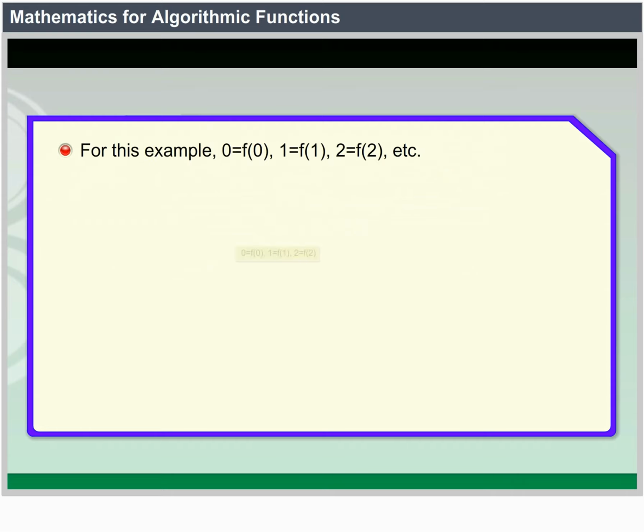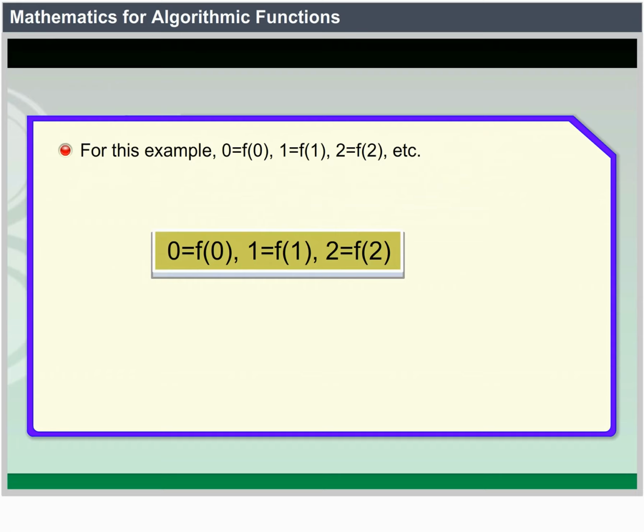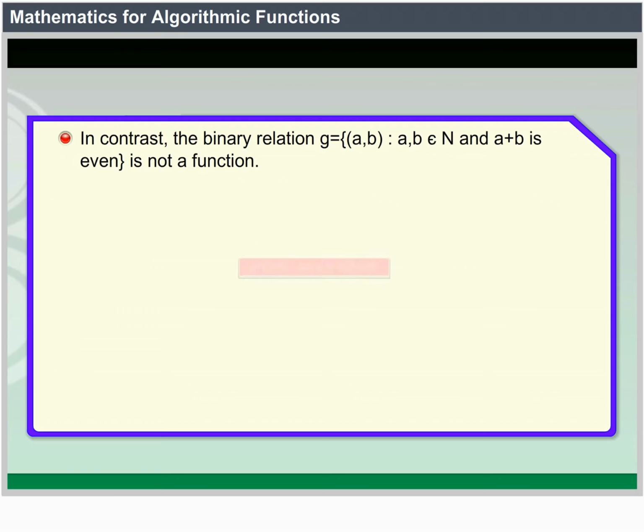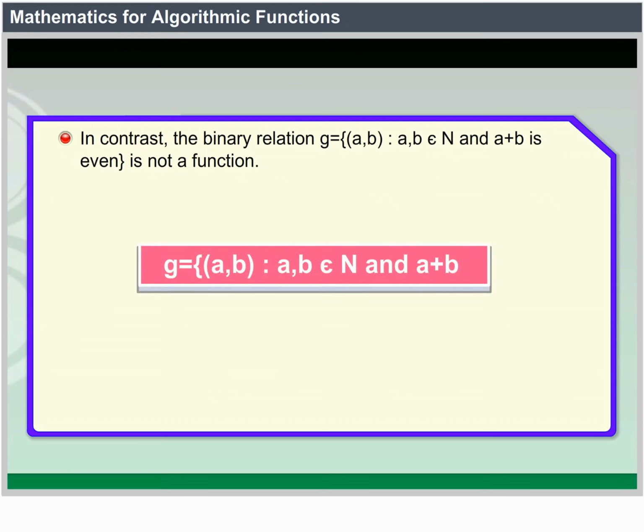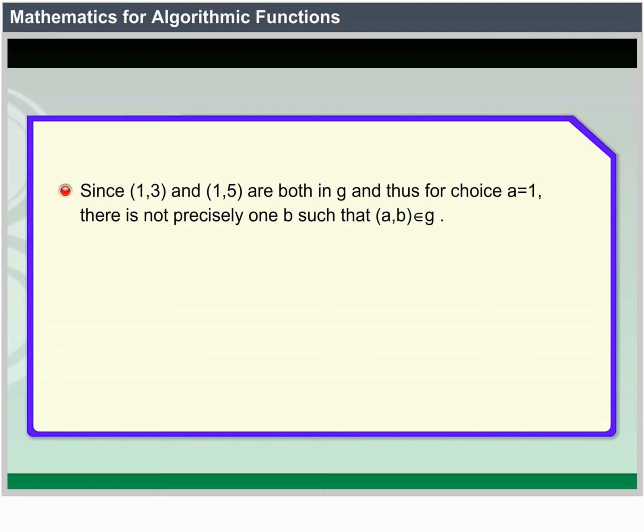For this example, 0 is equal to f of 0, 1 is equal to f of 1, 0 is equal to f of 2, etc. In contrast, the binary relation G equal to the set of (a, b) such that (a, b) belongs to N and a plus b is even is not a function, since (1, 3) and (1, 5) are both in G, and thus for the choice a equal to 1, there is not precisely one b such that (a, b) belongs to G.